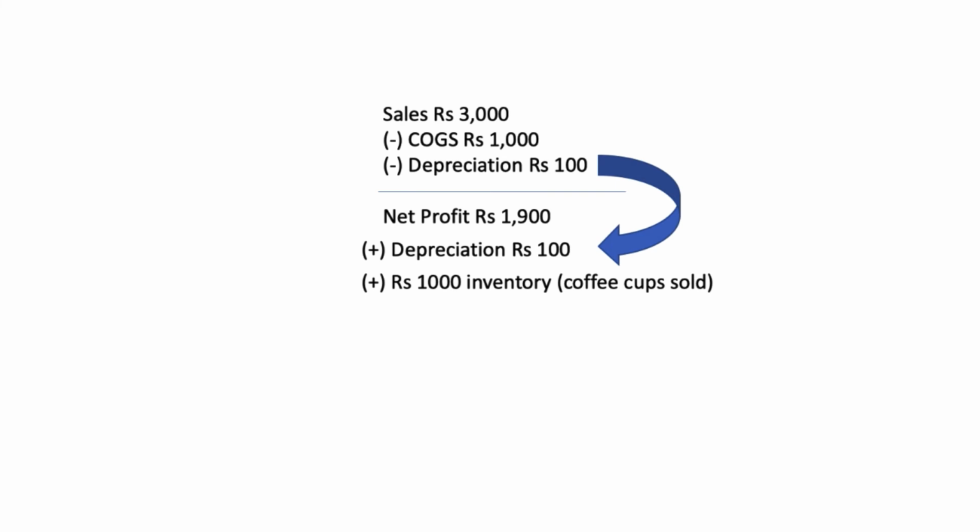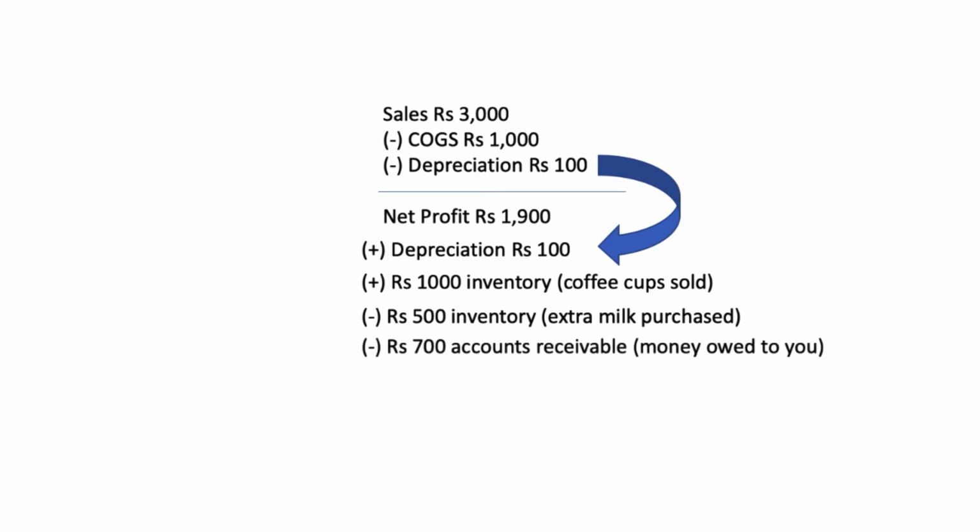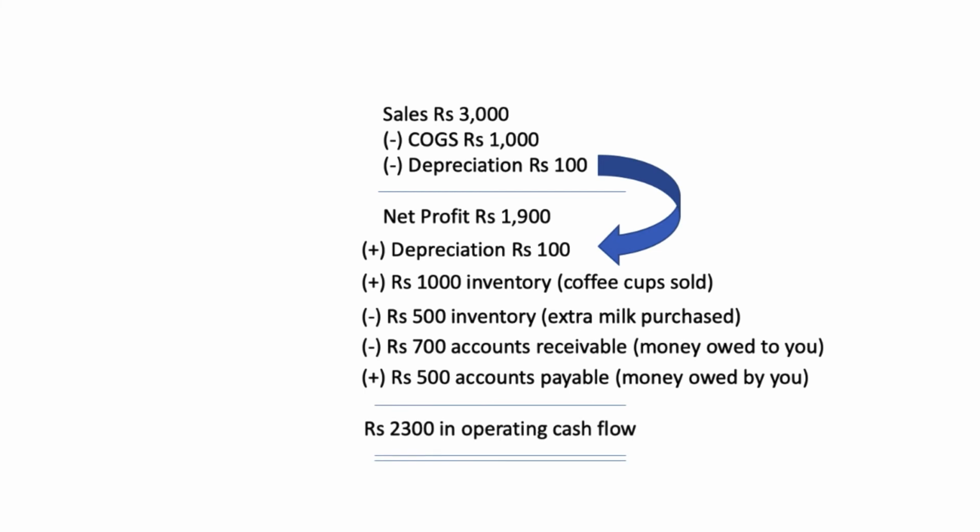Plus 1,000 rupees of inventory that was consumed as part of coffee cups that were sold, minus 500 rupees of inventory, that is extra milk purchased, minus 700 rupees of accounts receivable, that is money owed to you, plus 500 rupees of accounts payable, that is money owed by you to the grocery shop owner. So if you do the calculation, this will leave us with 2,300 in operating cash flow.